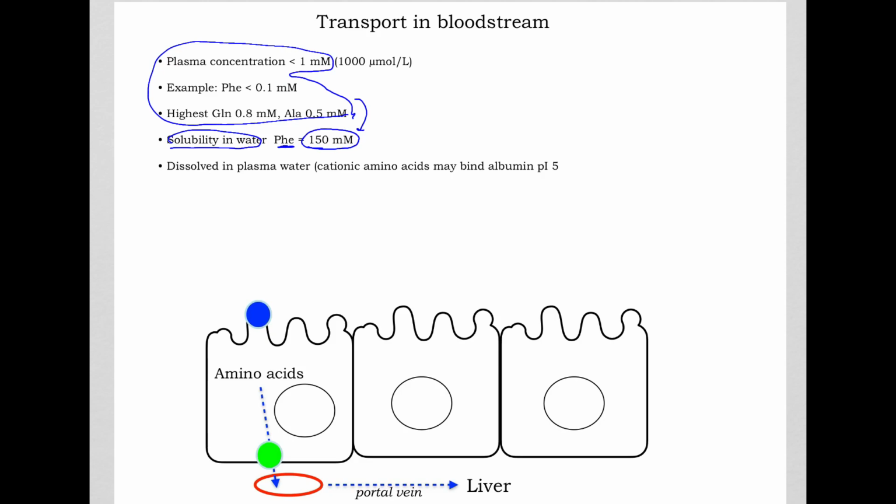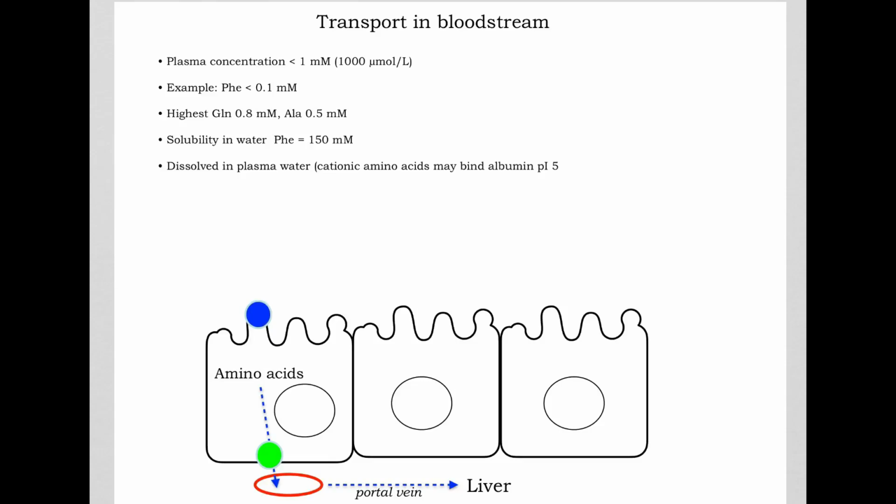That means most of these amino acids can easily dissolve in the plasma water, and that's how they will travel in the bloodstream. Now, the cationic amino acids such as arginine and lysine, because they have a net positive charge, it is possible that they might bind proteins such as albumin in your bloodstream, which have a net negative charge.